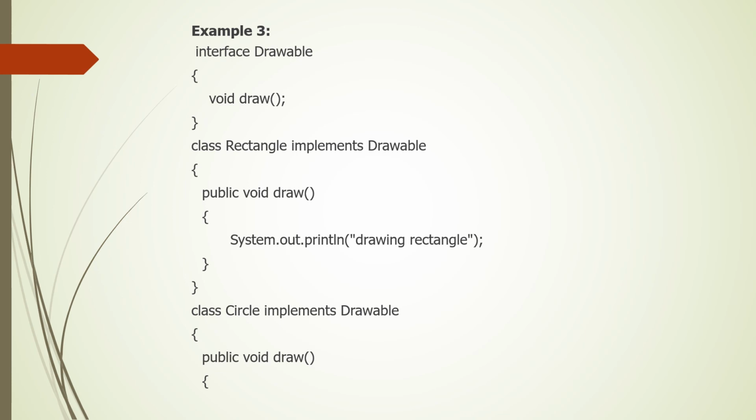Third example: the interface name is Drawable. In this interface we have a method draw. Then we have a class Rectangle. It implements the Drawable interface. This draw method is implemented so that it prints drawing rectangle. Another class is Circle.